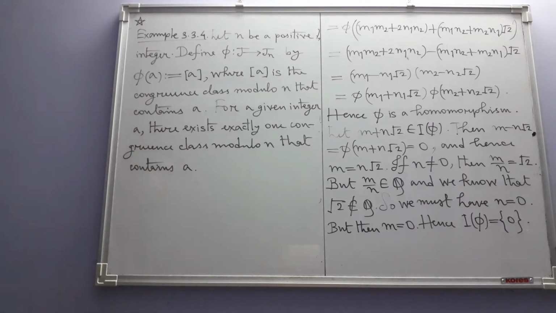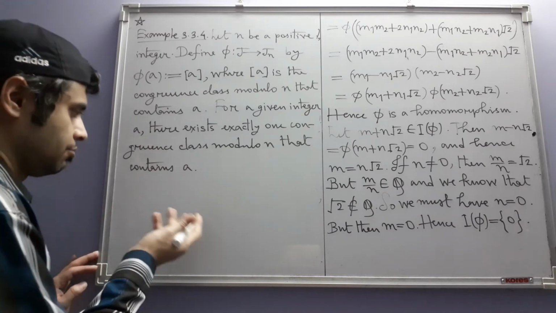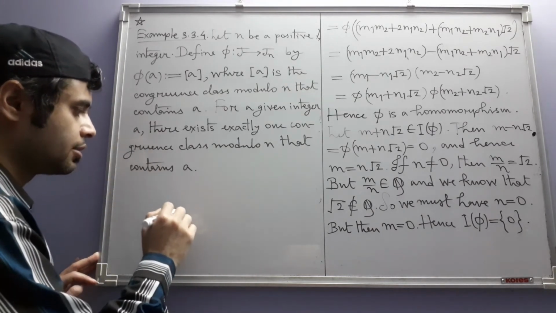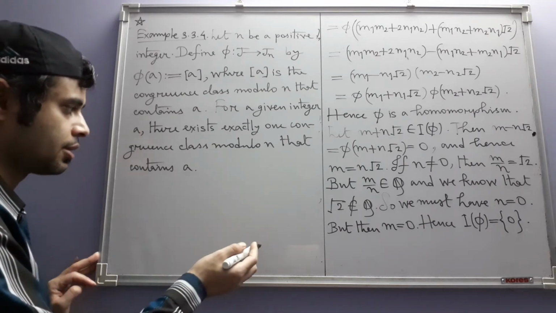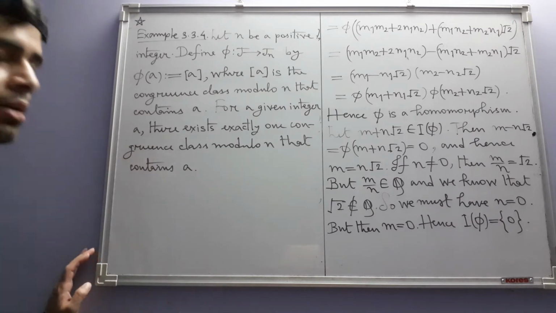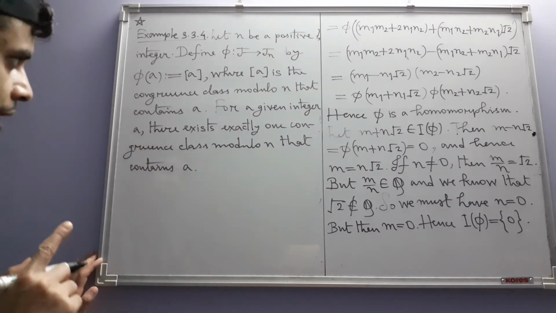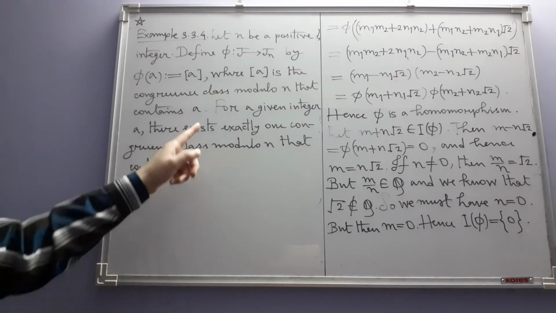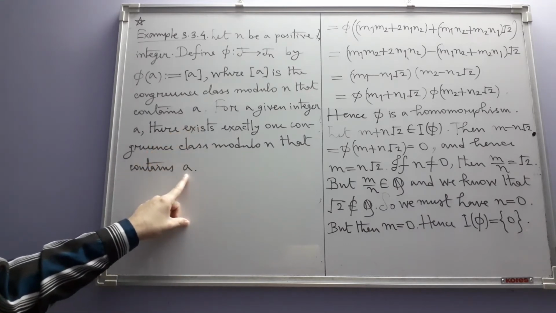Why? Because just now we have said that the set of integers is the union of all the congruence classes. That means if I take any integer, it will belong to some congruence class. So there exists some congruence class which contains this integer.